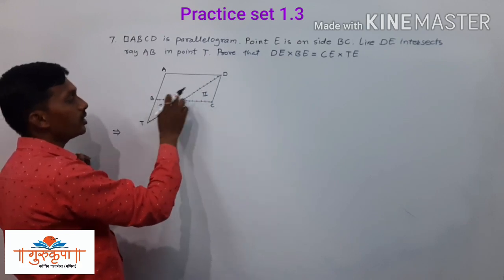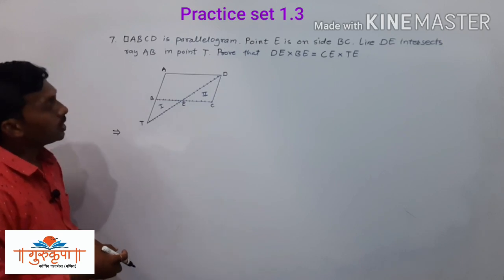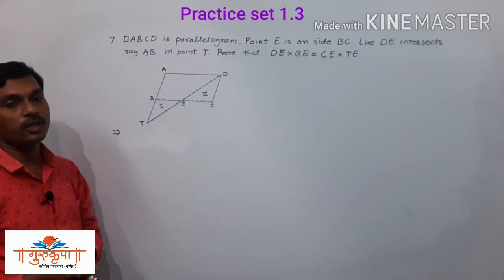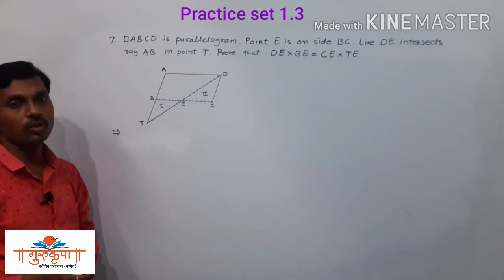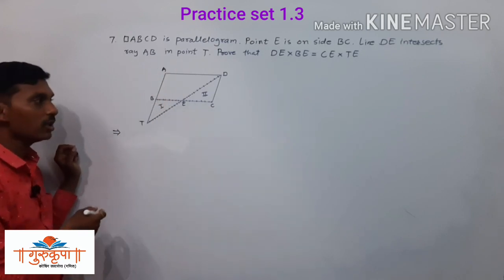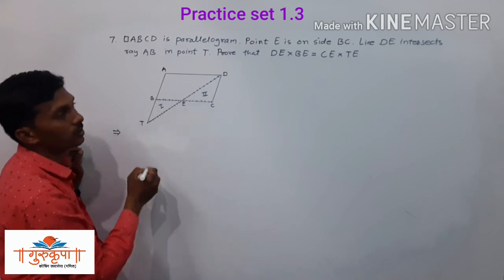Then putting their corresponding sides in proportion we have to take the cross product of any two ratios only. Not all ratios, we have to get two ratios only and then take the cross product.